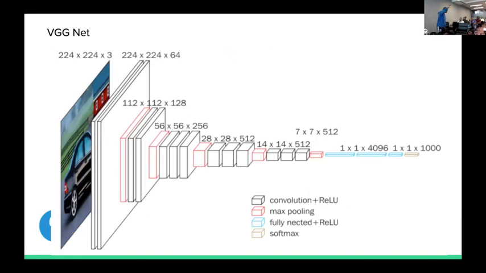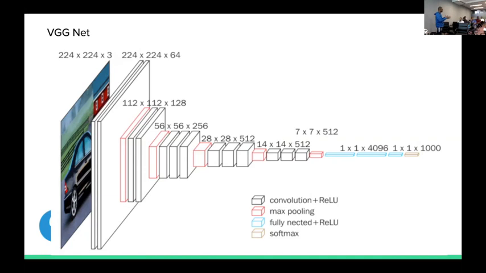So here is one example network. My resolution is 224 by 224 by 3, which goes across multiple channels, then convolution, ReLU, max pooling, and so on. Convolution is nothing but multiplying one matrix with another matrix and getting a number. Just think of it as a matrix multiplication.